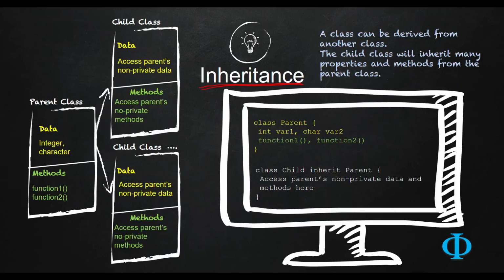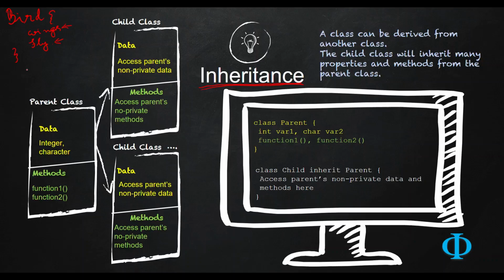For example, let us say there is a class called Bird. This Bird has some properties, like wings, and the bird can also fly. So these are two different properties of a bird.